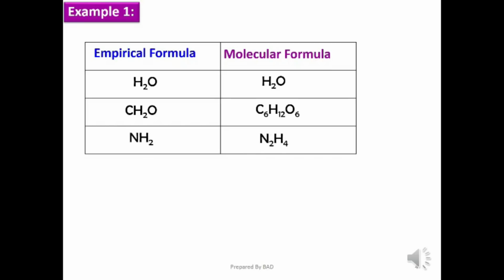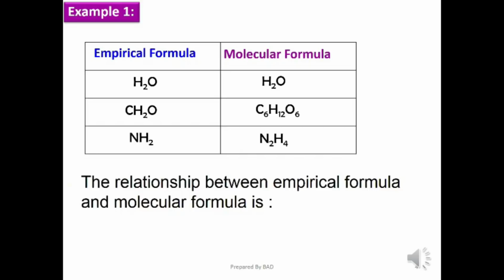N2H4 is hydrazine, a basic compound. Okay, so this is the actual number of atoms that exist in hydrazine, and the simplest ratio is NH2. So that is the difference between empirical formula and molecular formula.